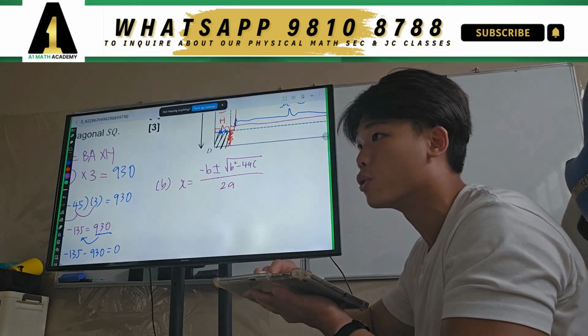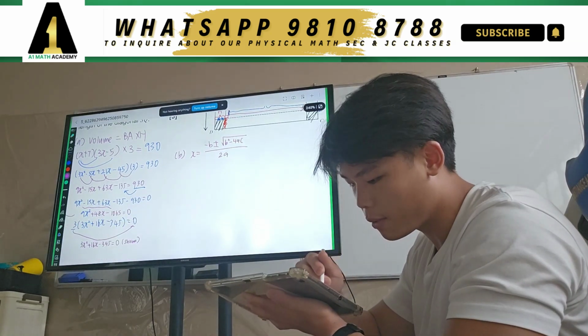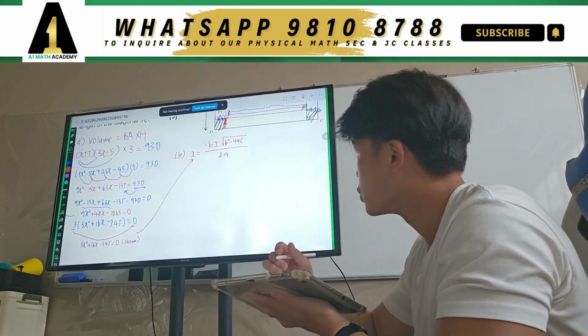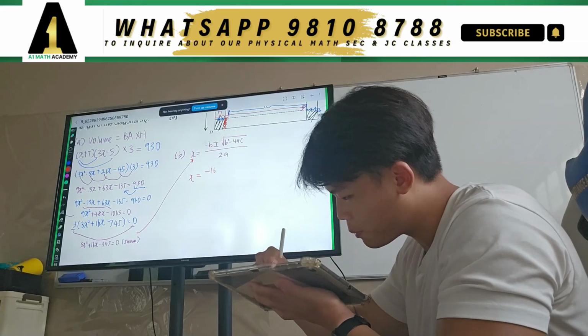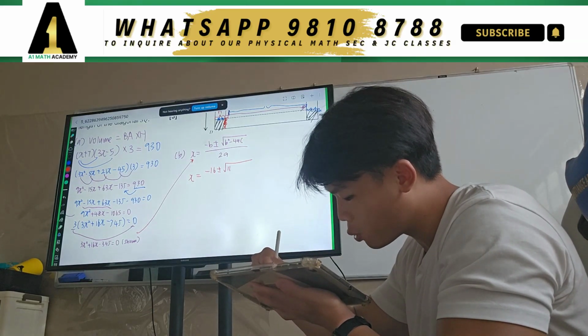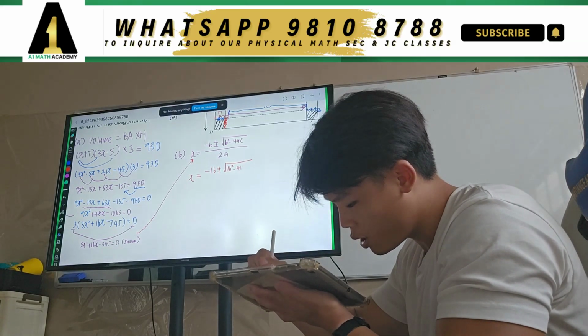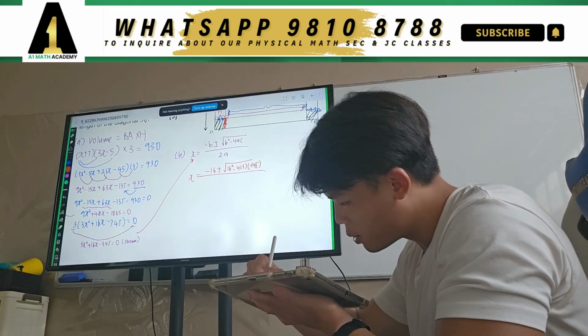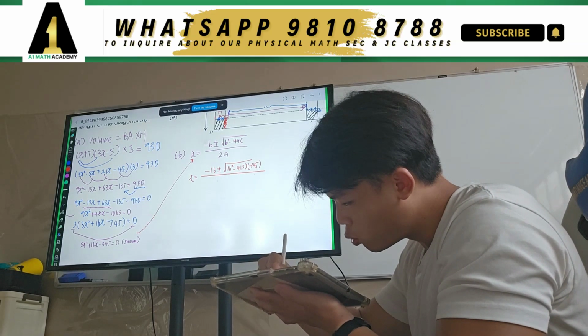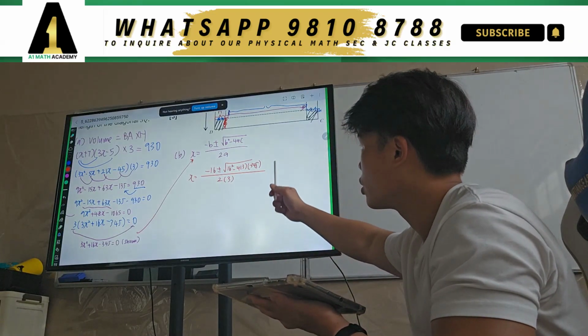This is your quadratic formula. So in your working, you just need to put in the values accordingly. X equals to negative 16 plus minus square root 16 squared minus 4 times 3 times minus 345 over 2 times 3.